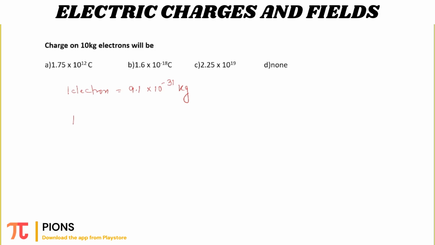The number of electrons in 10 kg will be equal to 10 over 9.1 into 10 to the power minus 31. I'm approximating it as 9 instead of 9.1. If you divide 10 by 9, you will get approximately 1.11 into 10 to the power 31. These are the number of electrons in 10 kg.